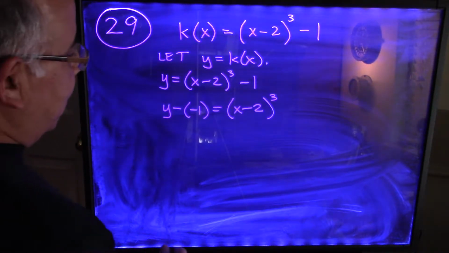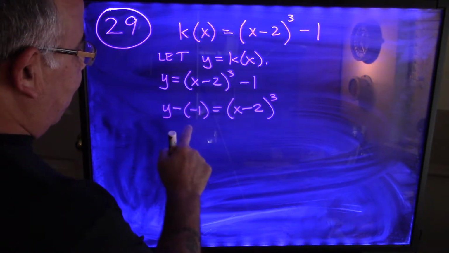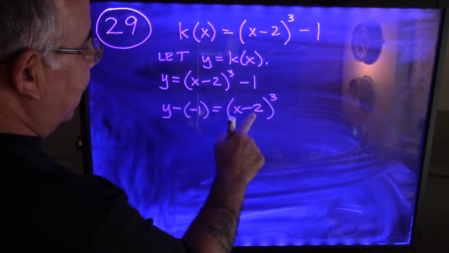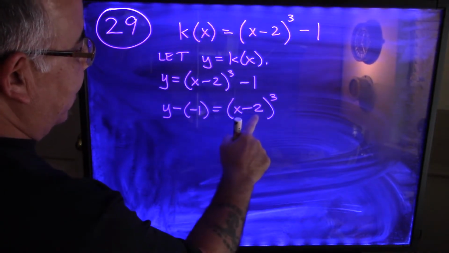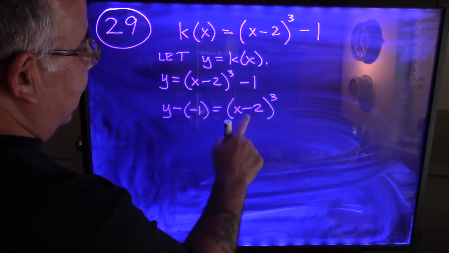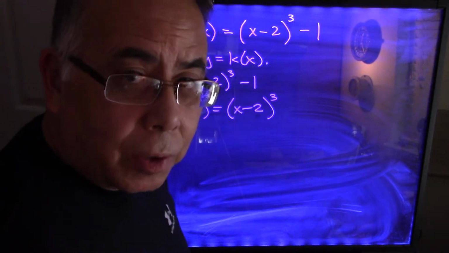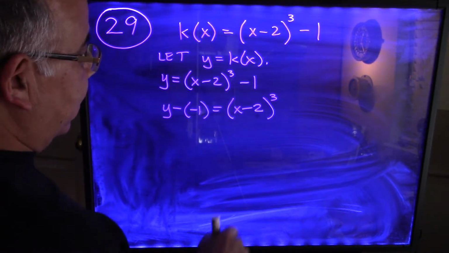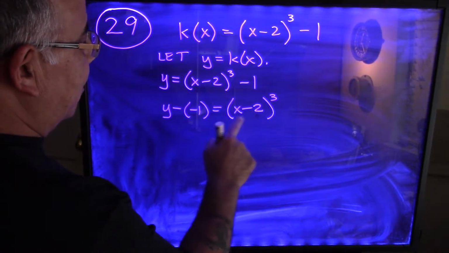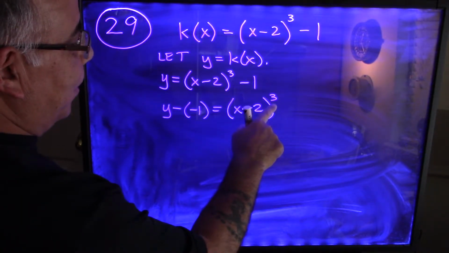So now we have it in the usual format, y minus, x minus. y minus some number, x minus some number. All right. This number here is a positive 2, x minus positive 2. So that tells you that there's going to be a shift to the right 2 units. Basically what you have is y equals x cubed. All right.